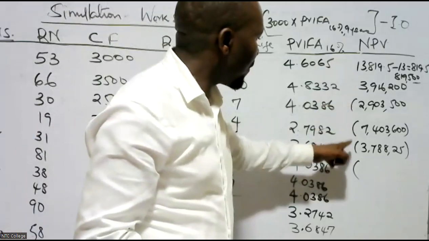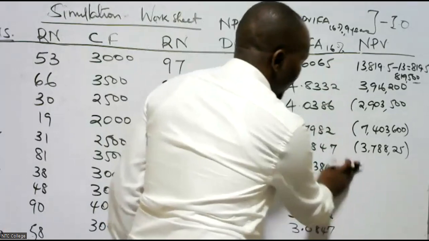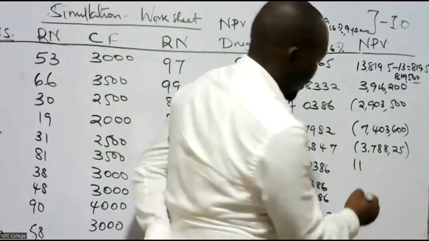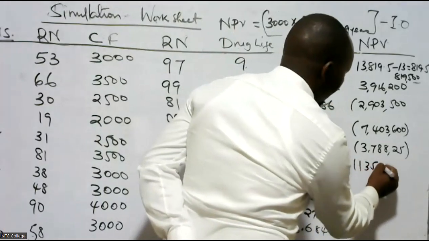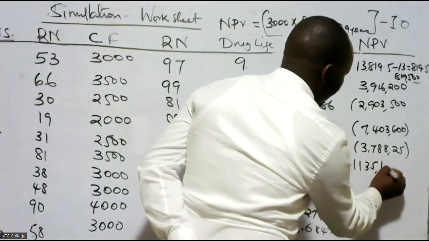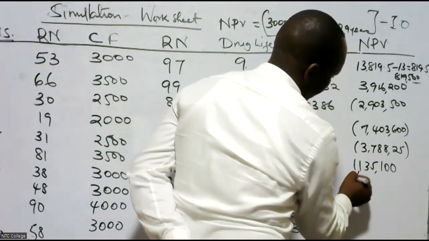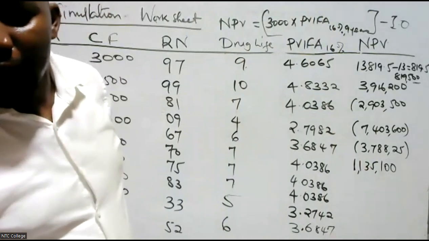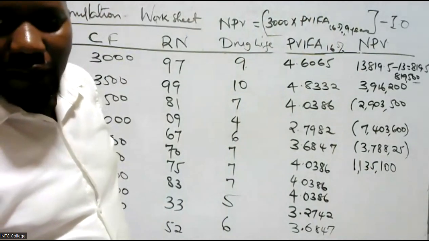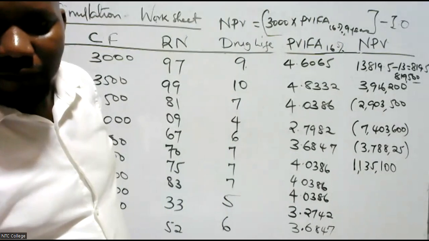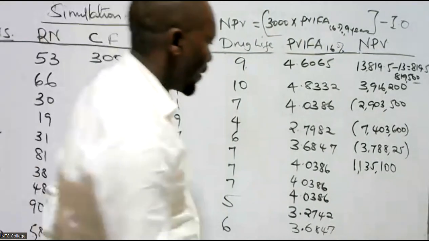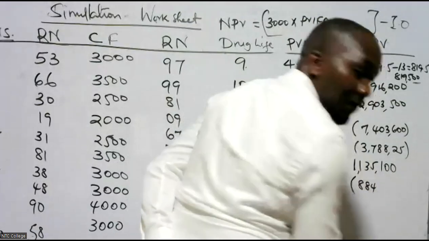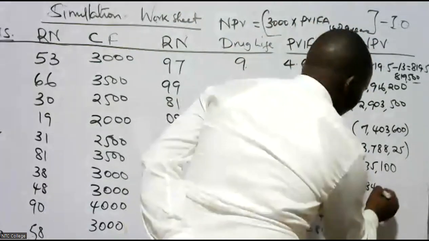1, 2, 3, 4, 5, 6. 1,135,100. Number 7 and number 8, negative. 8,884,200.